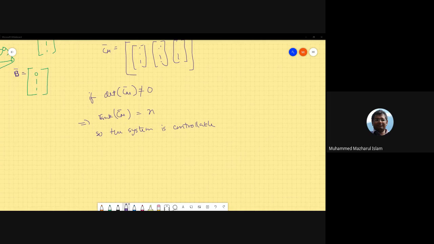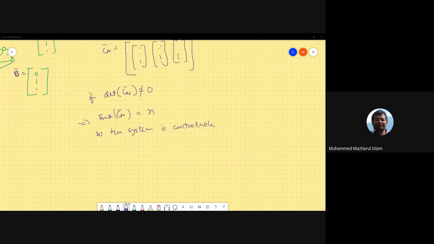This is a square matrix, 3 by 3 square matrix, right? If this is not 0, the matrix is what we call singular. If the matrix is not singular, then the rank of the matrix will be equal to its order. Okay, order is 3 now.